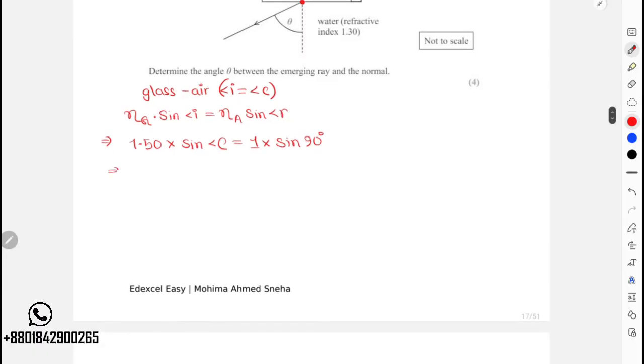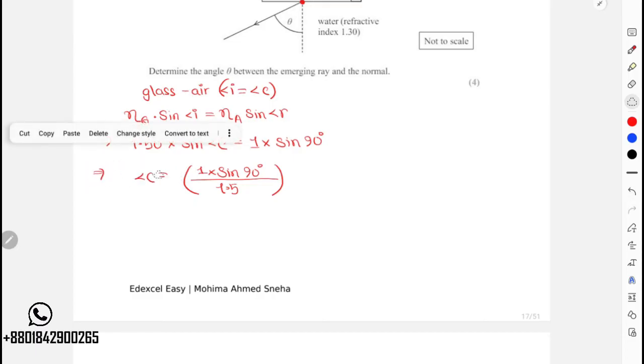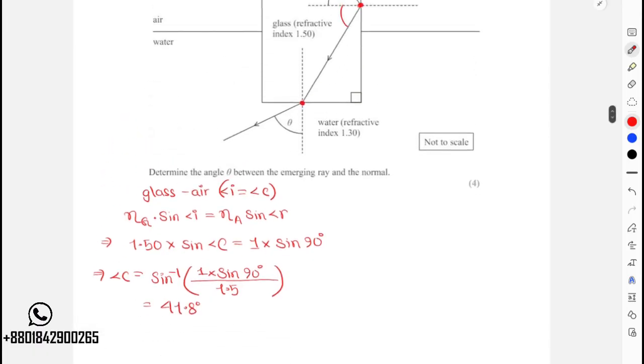Angle C is going to be sine inverse of 1 divided by 1.5, because it was sine angle C, right? Using this you can calculate the critical angle, which is going to be 41.8 degrees.